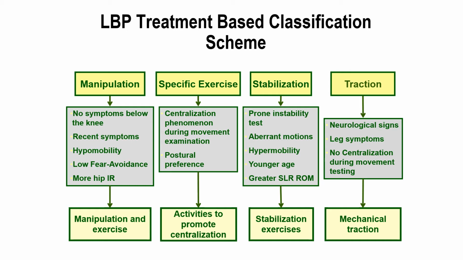In fact, if we look at the classification scheme, I think if they had to do it over, they would have a classification there for individuals who had adverse neural tension. Right? And so that'd be like a fifth category. When we look at folks who have a positive straight leg raise or a positive slump test, and they're chronic, meaning they're not severe, they're not irritable, their disability levels may not even necessarily be that high, right?